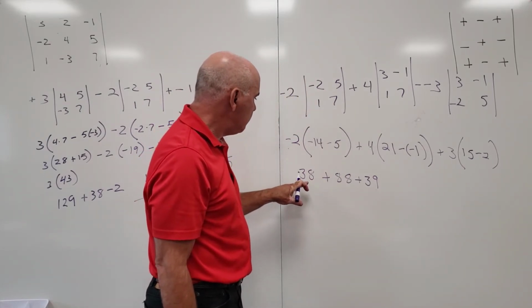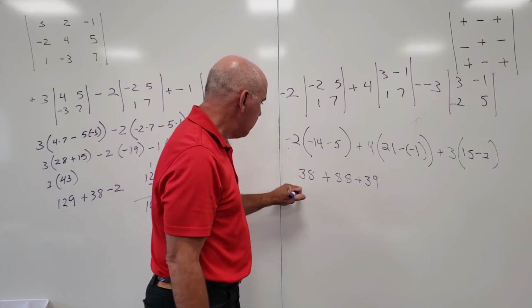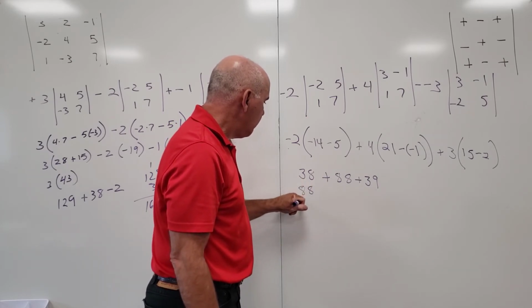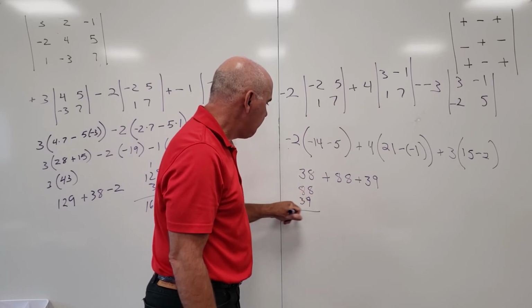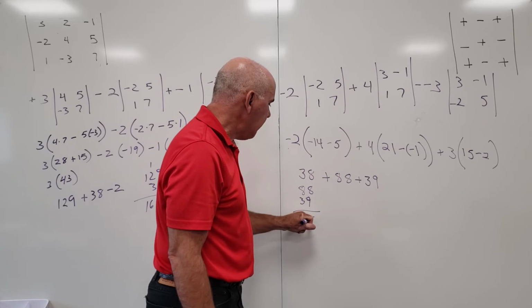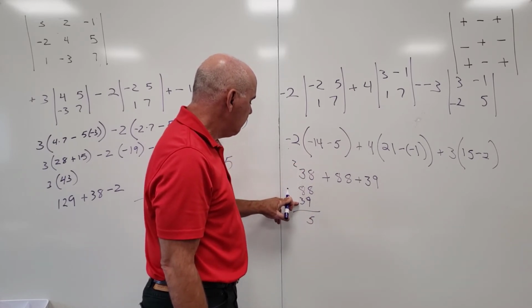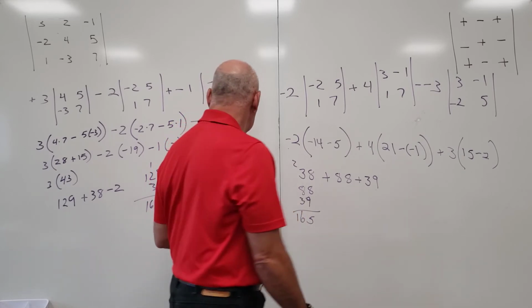So 38, 88, 39. 8 plus 8 is 16, plus 9 is 25. 5 plus 8 is 13, plus 3 is 16. 165.